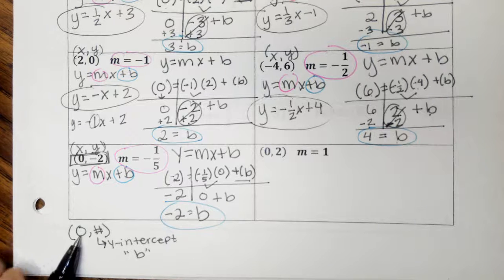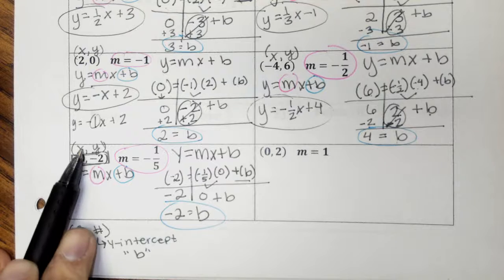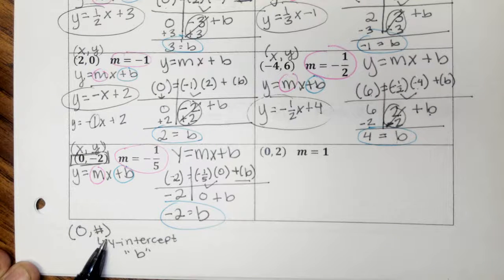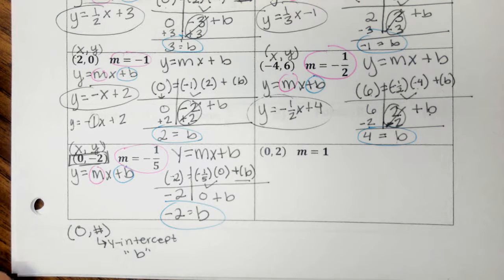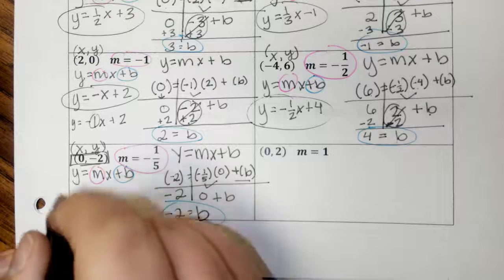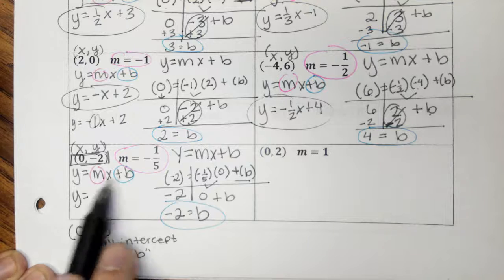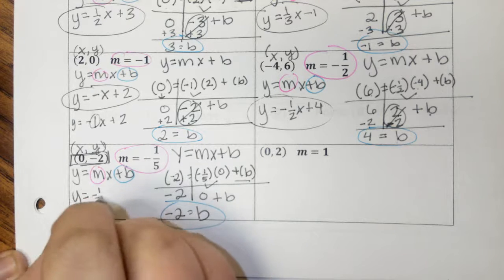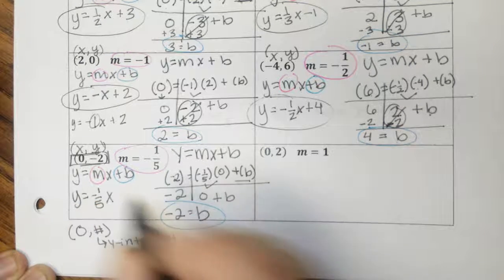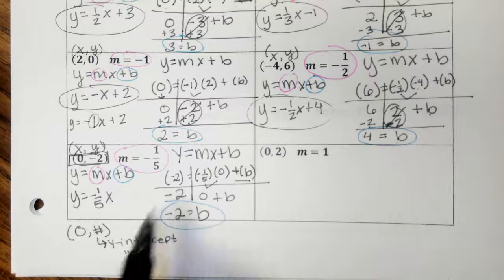This trick only works if x is 0, because on the y-intercept, the x value is always 0. Now we can rewrite the equation. Y equals, instead of m, we'll write -1/5 x, and then instead of plus b, we write -2.